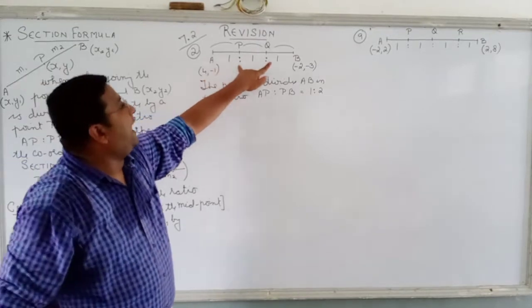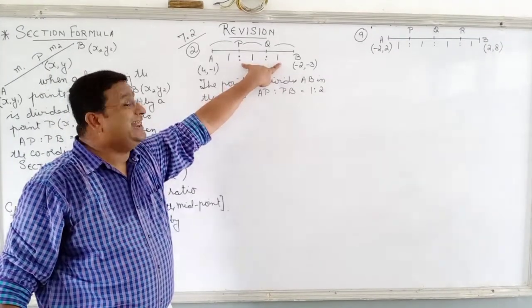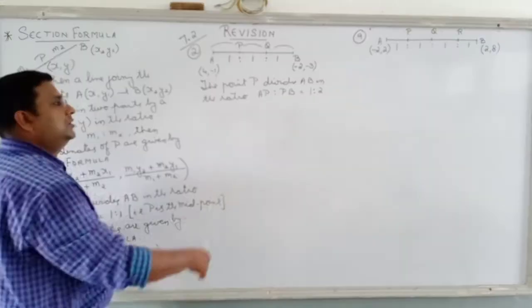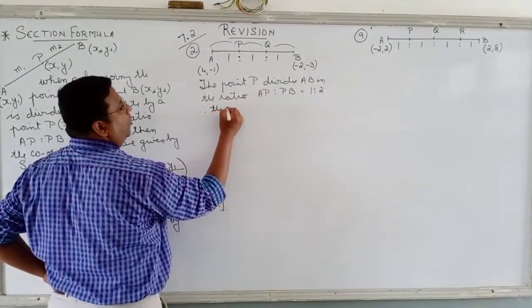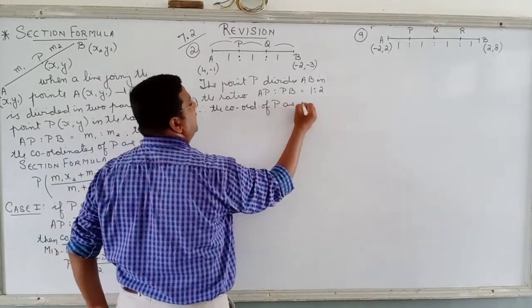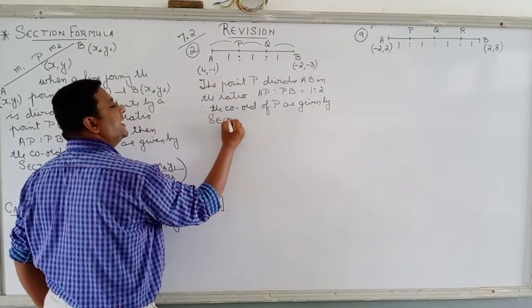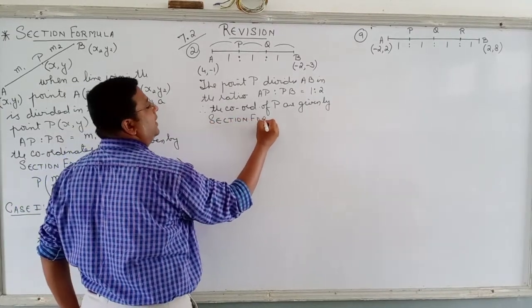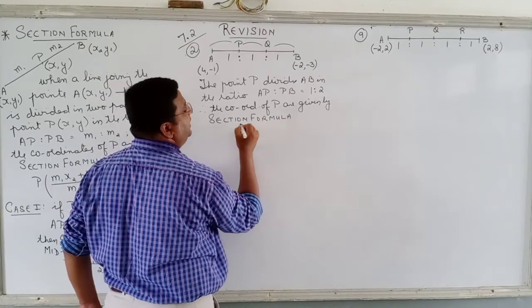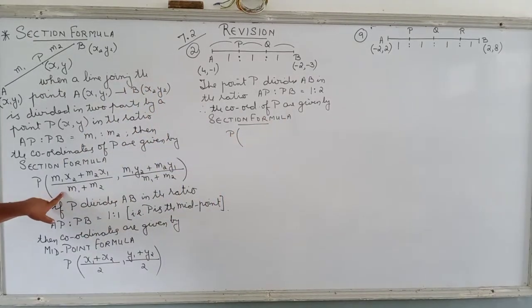AP and PB, you can clearly see that. Now, therefore, the coordinates of P are given by which formula? Section formula. And the formula is right there on the board. I am not writing the formula again. You have to write it. Clear?